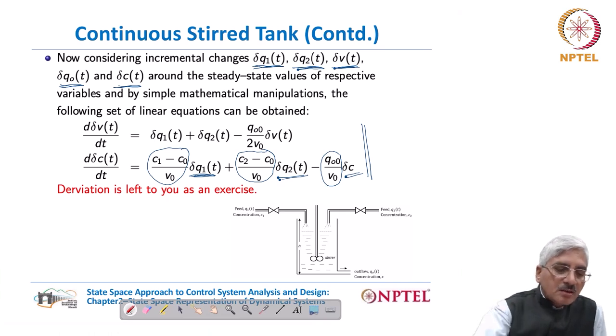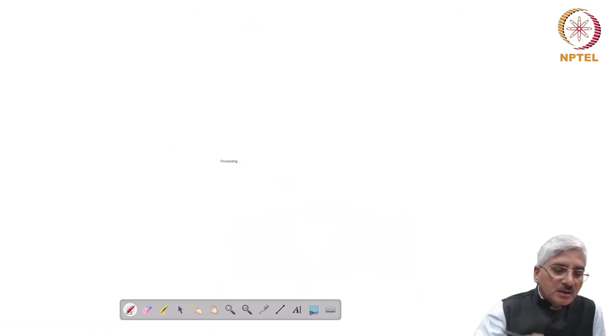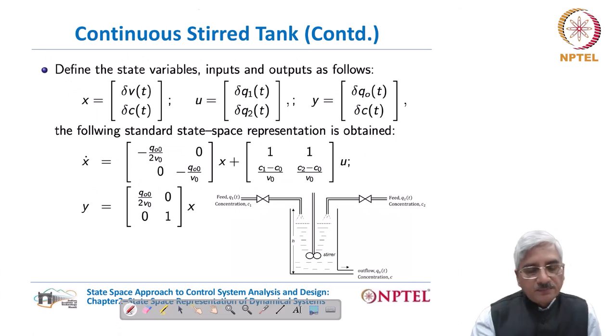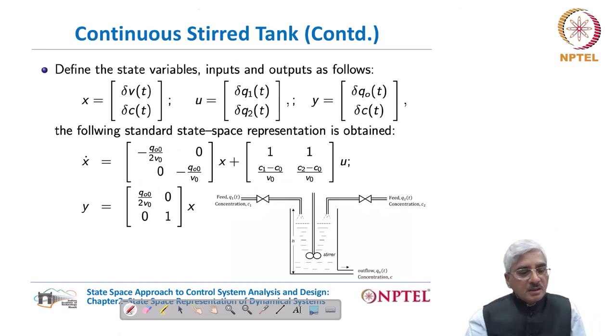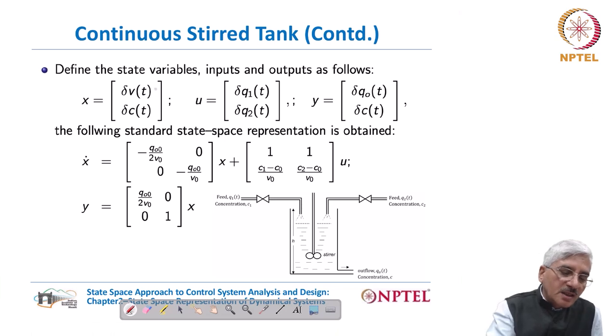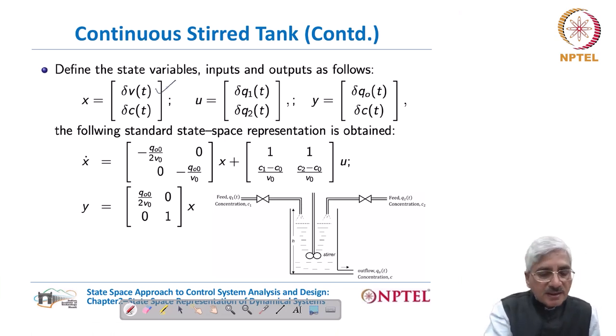So we got the two linear equations describing the system. And now the rest is routine work. What we do is identify a suitable set of states. So in this case we identify delta V, the incremental change in liquid volume in the tank, and delta C, the incremental change in concentration of the liquid.